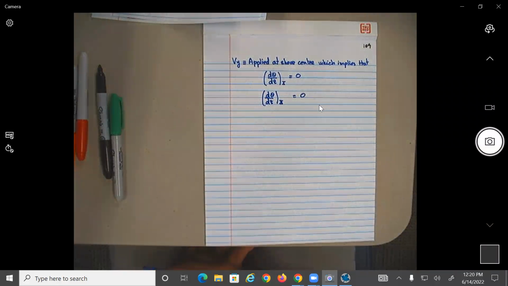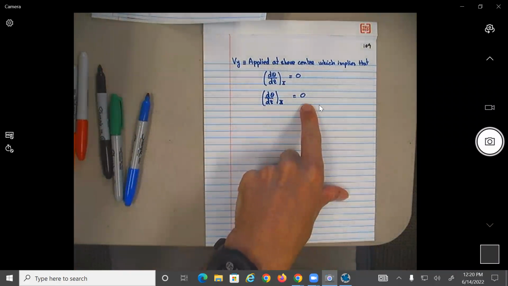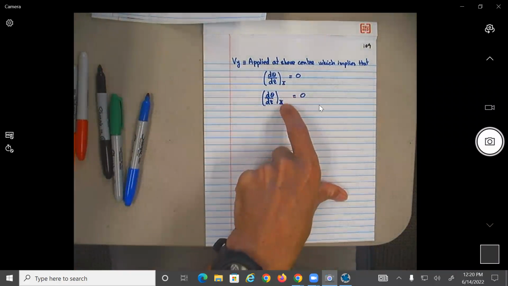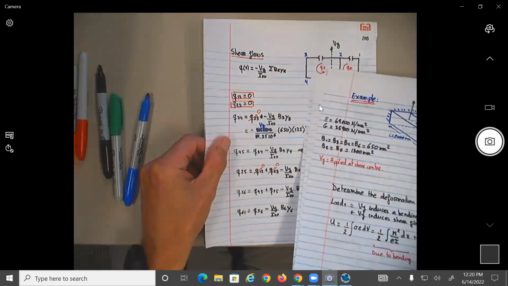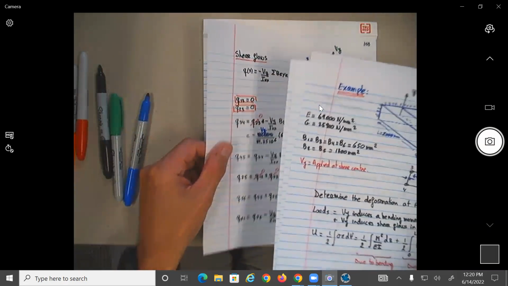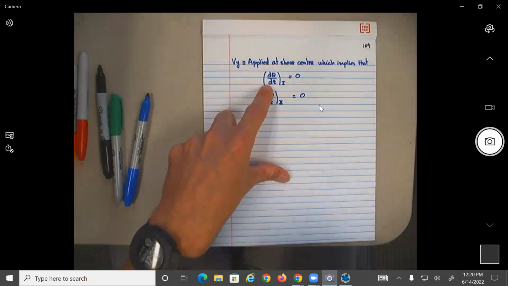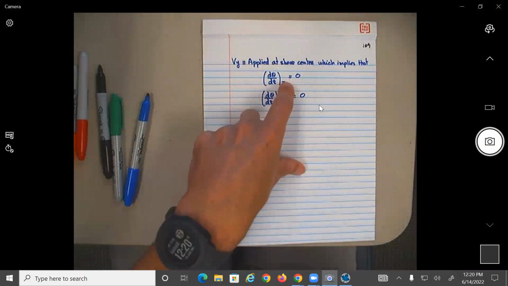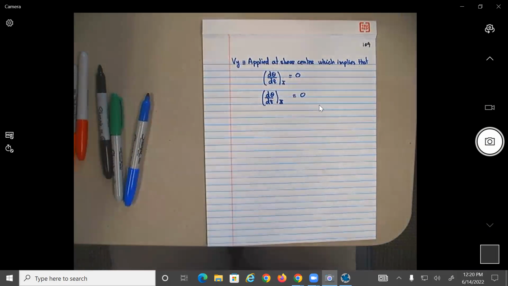What is the difference with the problems we did before, where we did not specify where Vy was applied? Instead of writing this equal to 0, we were saying that the angle of twist would be equal. How many unknowns do we have here to determine? Two, Q1 and Q2, no? Since we only had the angle of twist of the first cell equal to that of the second cell, that gave one equation.